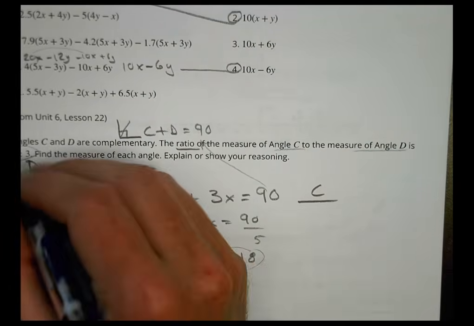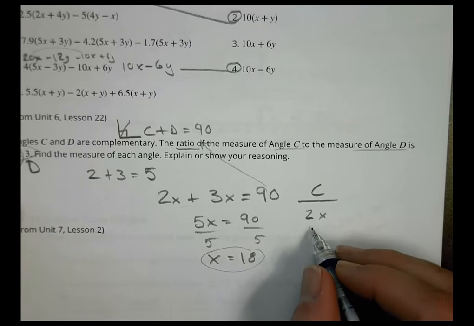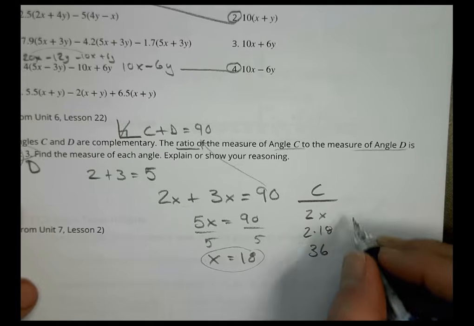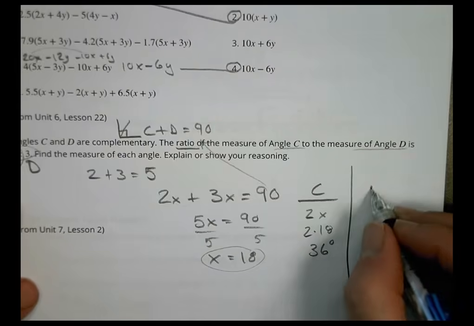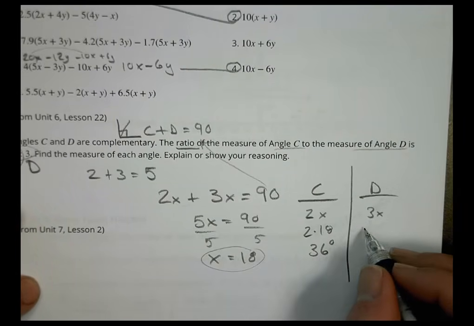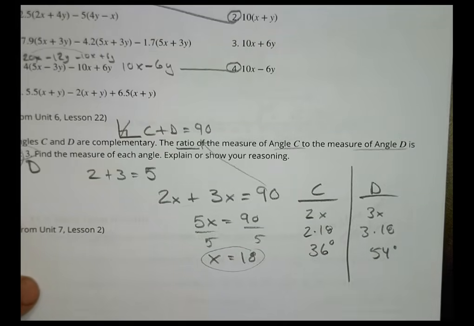Well, C was times 2. So we do 2 times x, and x was 18. So 2 times 18, which is 36 degrees. For D, D is 3 times x, so 3 times 18, which is 54 degrees.